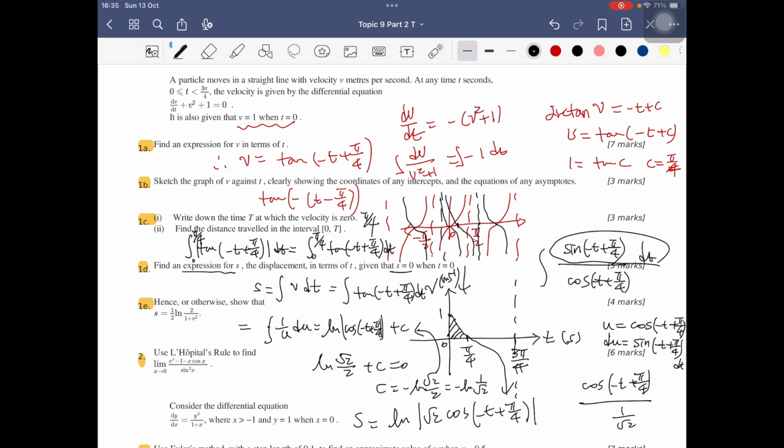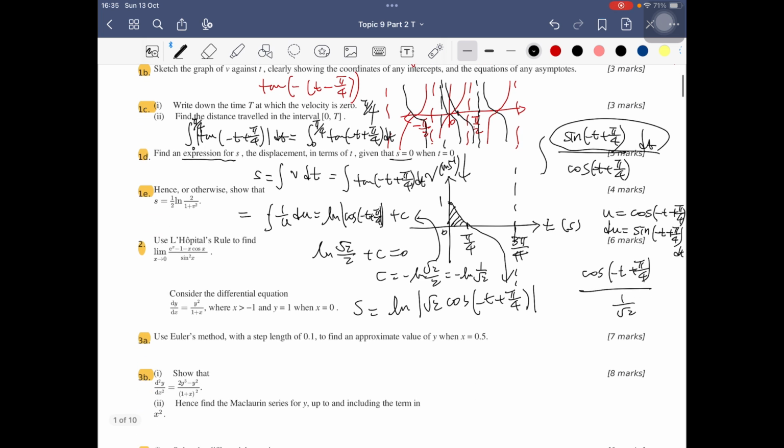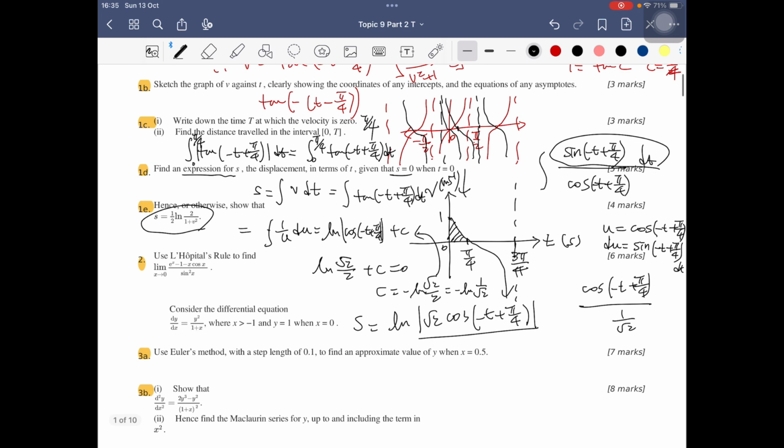So this is s. Hence or otherwise show that, okay, this was in terms of t, but it asks us to express it in terms of v. So what was v here?